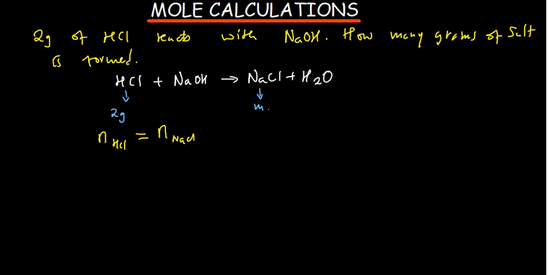Number of moles when you've been given the mass is given by mass over molar mass. So this is going to be mass over molar mass of hydrochloric acid, and that is going to be equal to mass over molar mass of the sodium chloride. So now we need to know the mass and the molar mass for the hydrochloric acid and the sodium chloride. Let's get this from the periodic table.